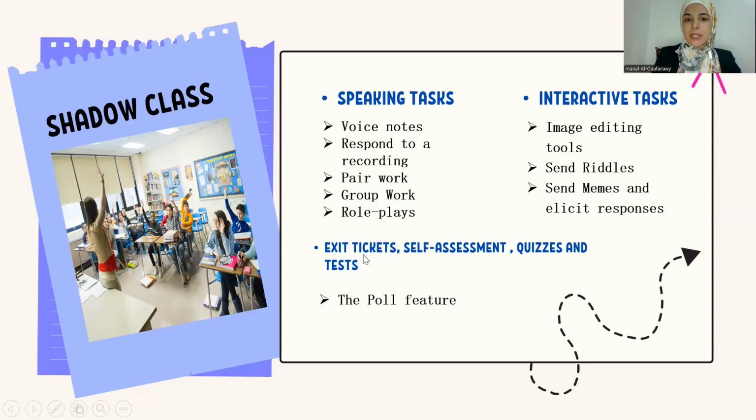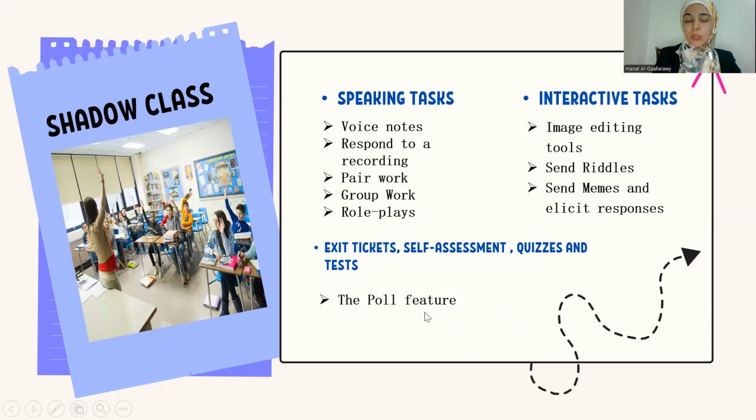More possibilities include exit tickets, self-assessment, quizzes, and tests. And all of these possibilities can be done using the poll feature in WhatsApp. I think that many people are not aware of the poll feature, but you can approach it on WhatsApp using the attach icon.